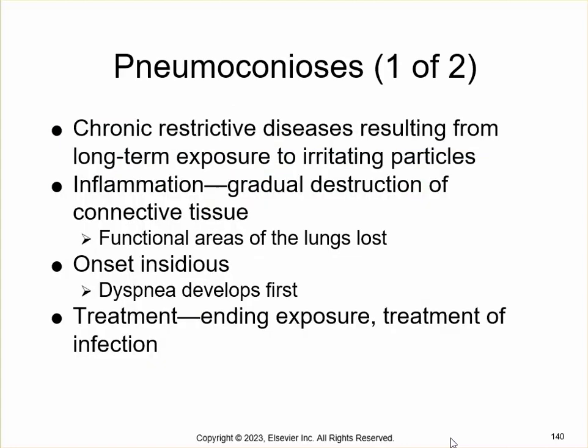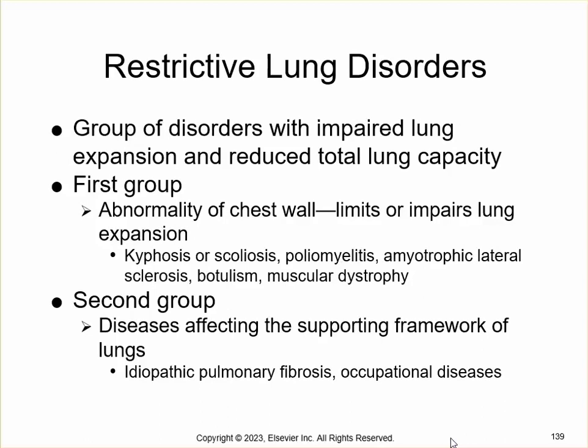I'm going to go back up to here. Idiopathic pulmonary fibrosis is idiopathic. We don't know what causes it. This is actually what my father died from. There's probably a genetic component to it.